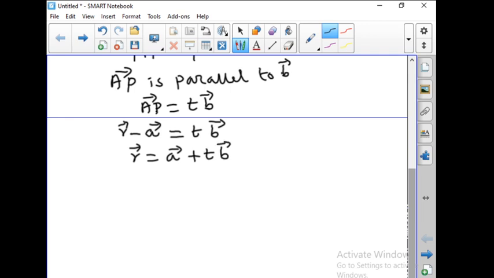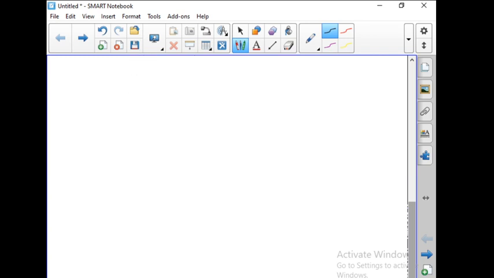This is the vector equation of a straight line passing through a point and parallel to a vector in the parametric form. Now we will see the non-parametric form. Non-parametric means an equation which has no parameters.